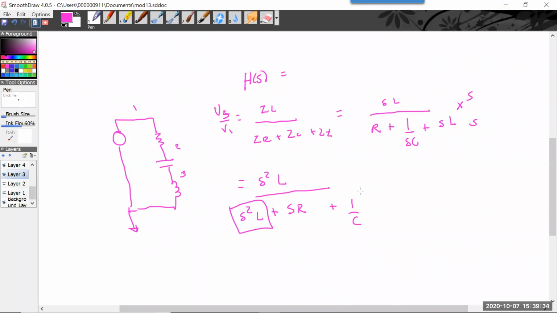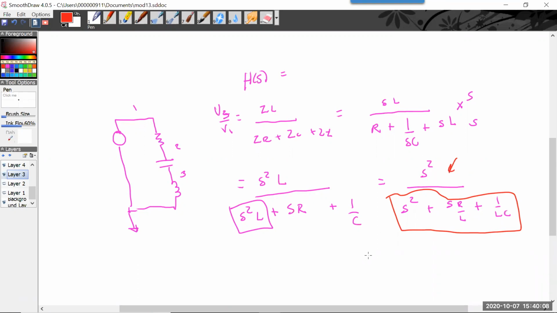The way I'll do that is I will pull out an L. Now, this is super important: notice the denominator is the same, S squared, S times R divided by L, 1 over LC. But the numerator is now S squared.